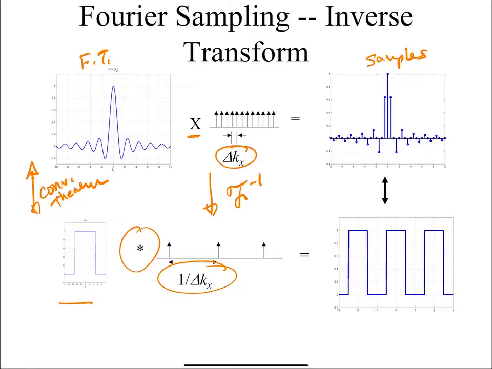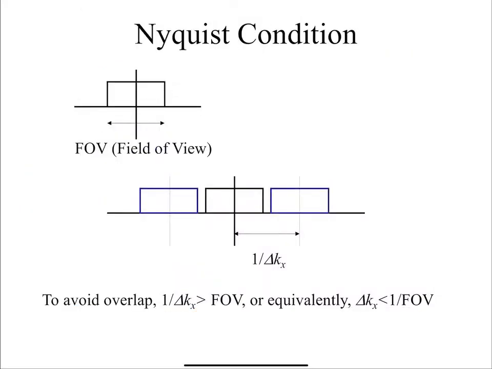So what that means is whenever I sample in k space with delta k, I'm going to replicate my object with 1 over delta k. And that's where that aliasing comes from. So that's what comes up with the Nyquist criterion, right? I have some object with some field of view, FOV, and I'm going to repeat it at 1 over delta k. Okay?